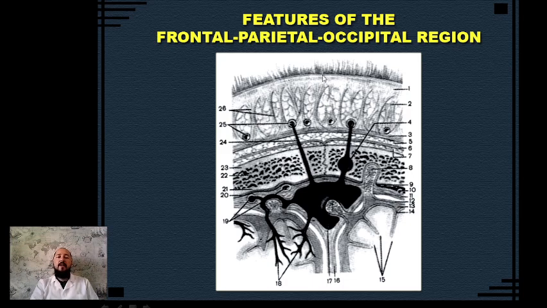All of these three layers, skin, subcutaneous fat, and aponeurosis, bind to each other with such fascicles. And now all these three layers we can call with one word, scalp. This is a scalp.